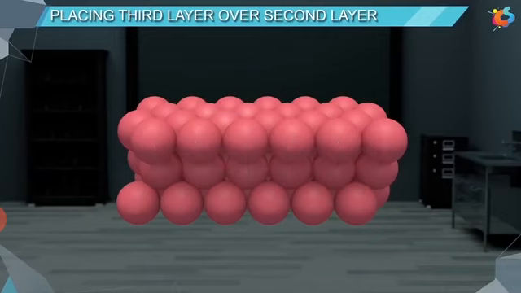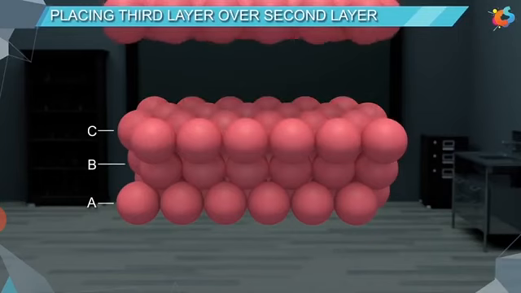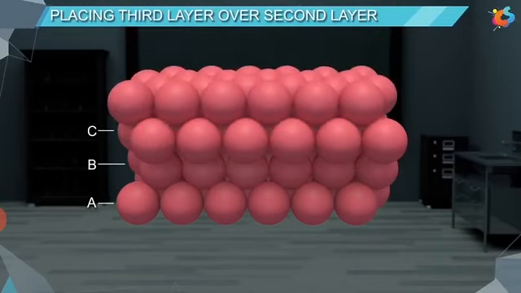So if the first layer is known as A, second as B, then the third layer will be known as C. Now when the fourth layer is placed over the third layer, it is the replica of the first layer, so it will be known as A. Similarly, fifth layer will be same as the second, and sixth as the third, so it is known as ABC pattern.